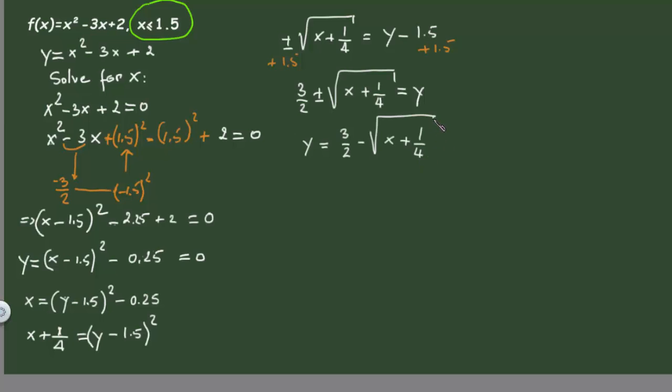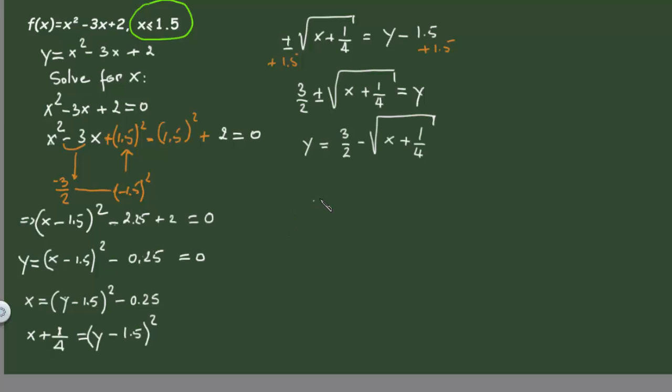This is the one we're taking, because we need a value less than 1.5, but if we take plus, it's going to be bigger. So we're taking the negative square root.